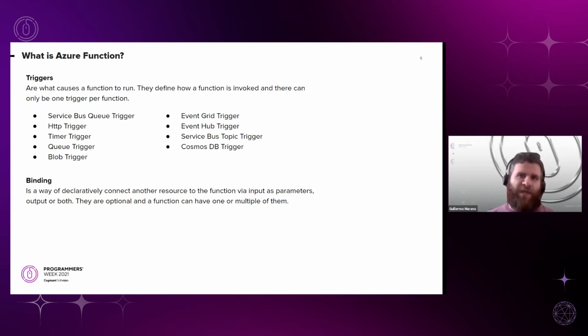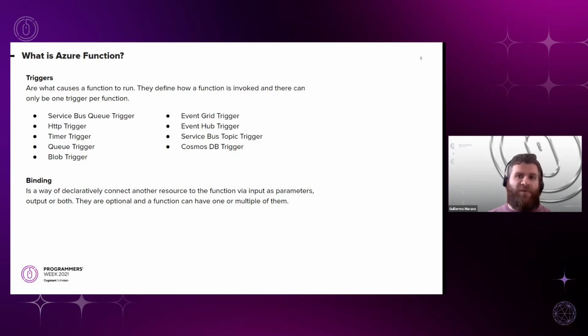As an example, we can mention the service bus queue trigger that runs whenever a message is added to a specified service bus queue, the HTTP trigger that runs when it receives an HTTP request, the timer trigger that will run on a predefined schedule with a cron. Queue trigger will run when a message is added to a specified Azure queue storage.